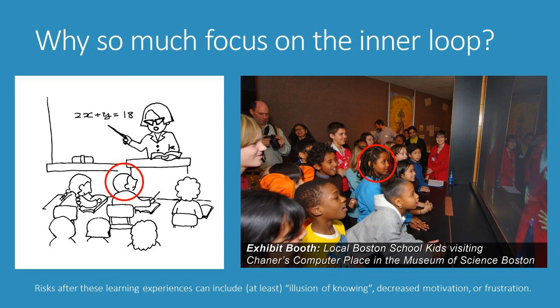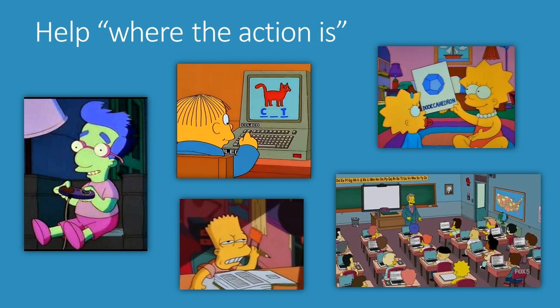And then they get to the computer, and I've actually had them tell me, I sit down in front of the computer, I don't know what to do. So it's an interesting thing that we want to try to prevent. We want to help people understand the complexity right away. And so that's why we want to think about helping them where the action is.